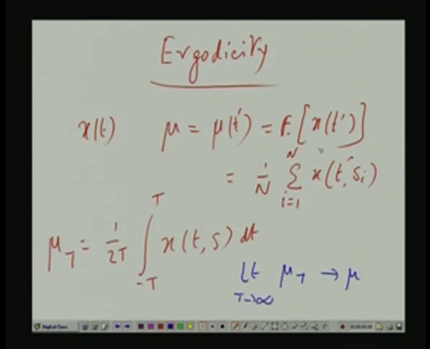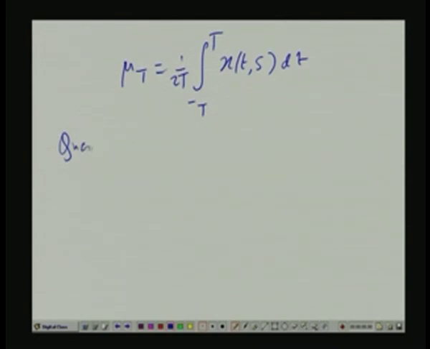Suppose the given process x t is stationary in mean. Even then this question lies: limit t tends to infinity mu t, is it equal to mu?